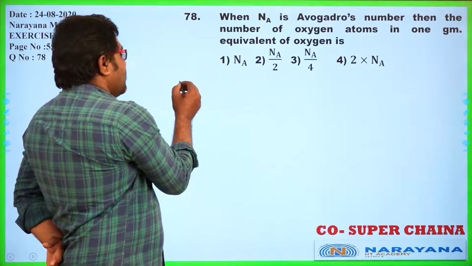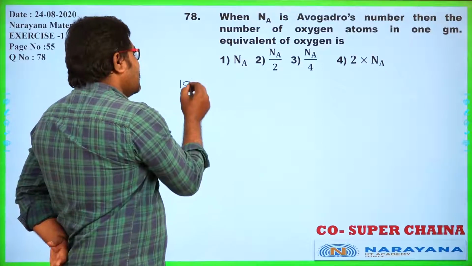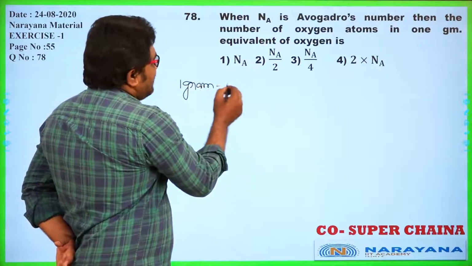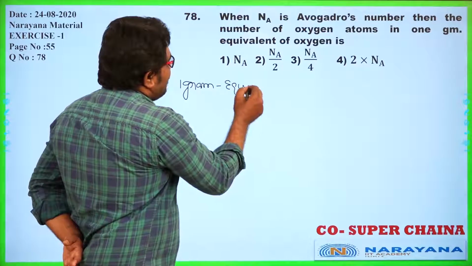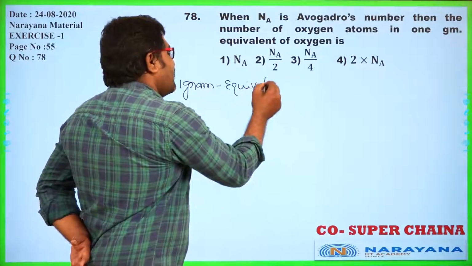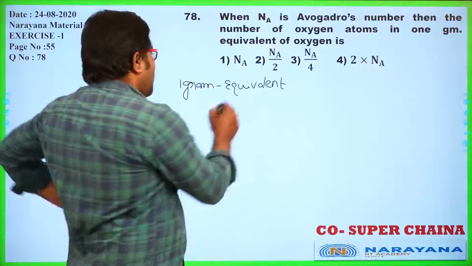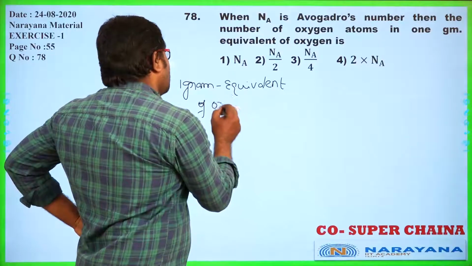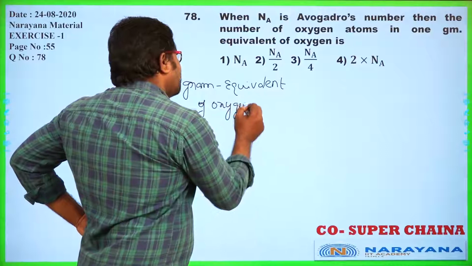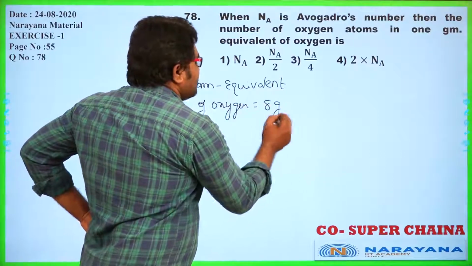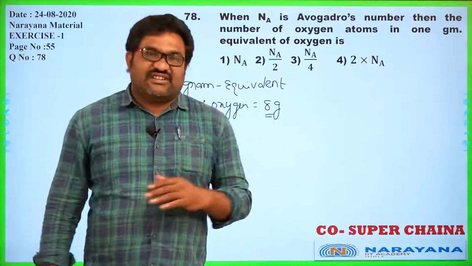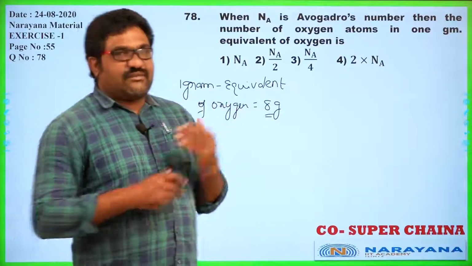See, 1 gram equivalent is based on its equivalent weight. For now, for our convenience, I am taking 1 gram equivalent of oxygen as equal to 8 grams. So, this is the equivalent weight of oxygen, and it will be discussed in the next topic, no problem.